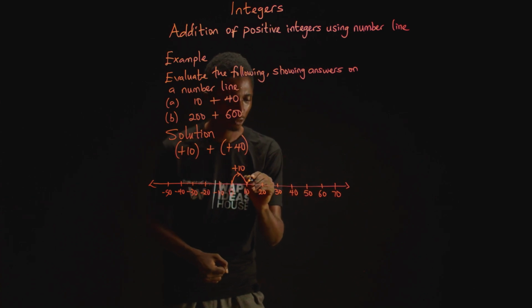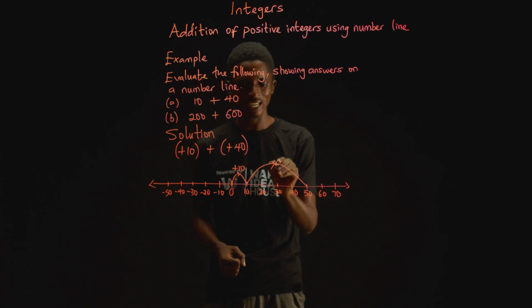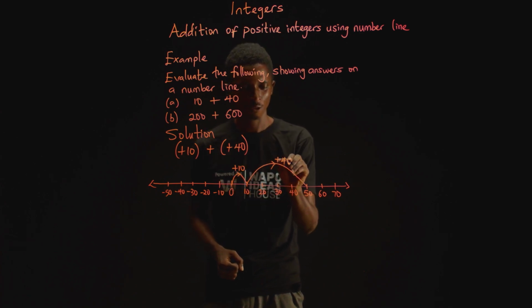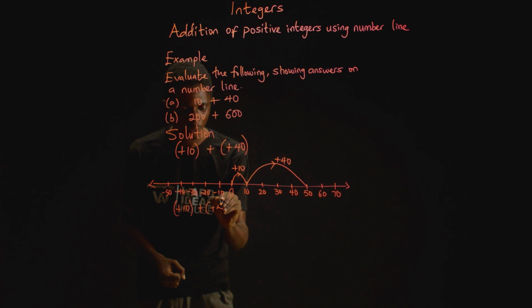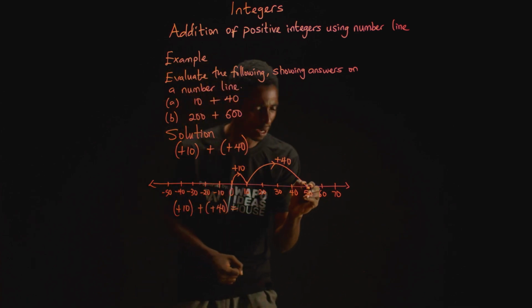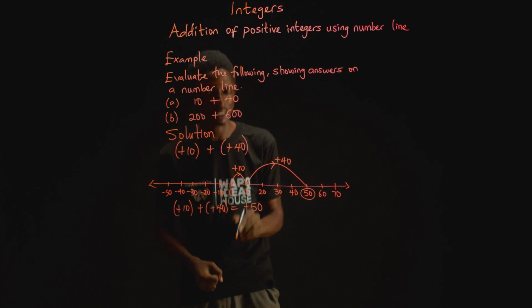So we are going from here all the way to this point, and this indicates plus 40. This tells us that plus 10 plus 40 equals wherever you land, in this case, plus 50.